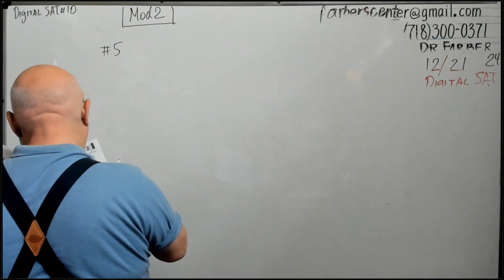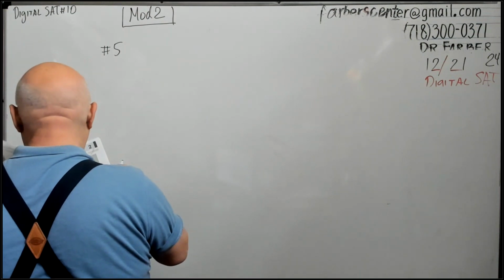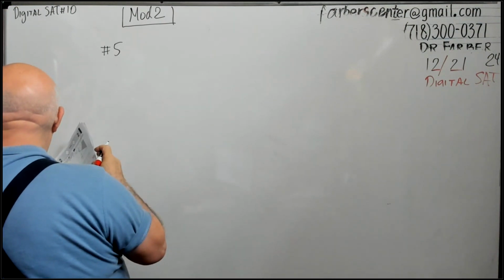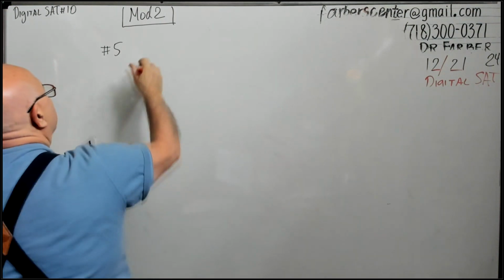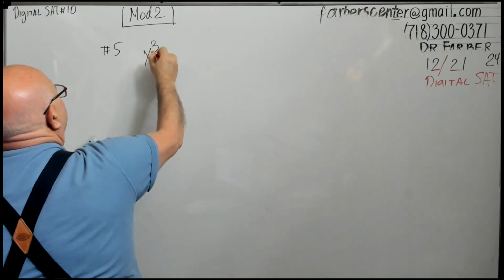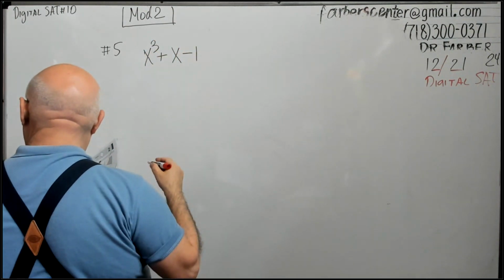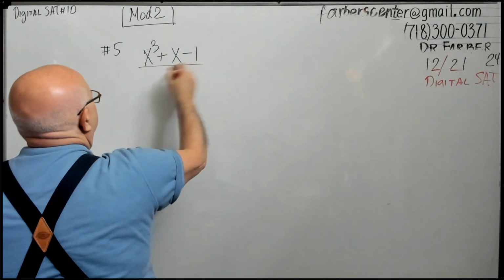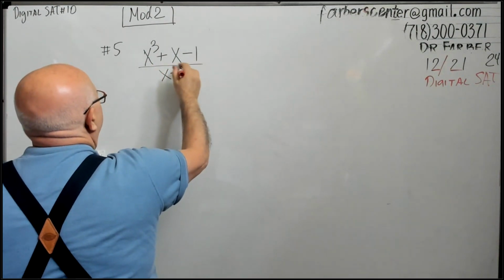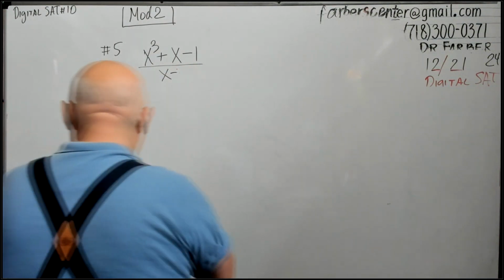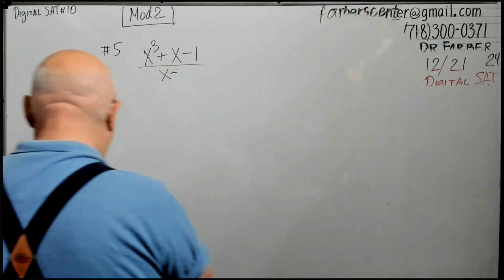What is it? X cube or x square? Let me see. Module 2: x cube plus x minus 1, divided by x minus 1. X minus 1, right? Let me show this one.